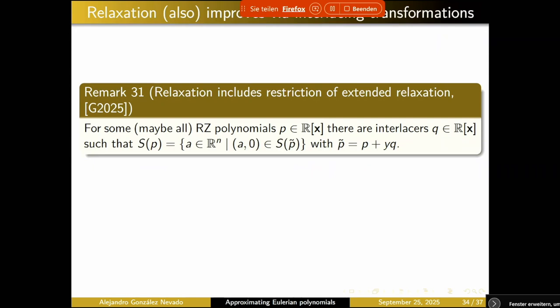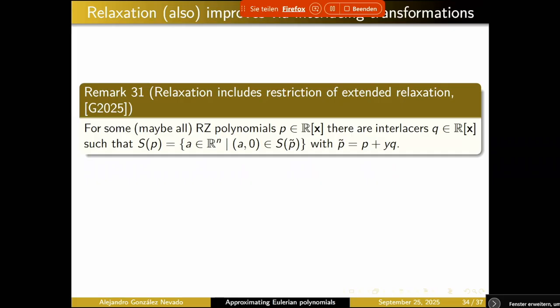And the relaxation not only likes combinatorial information, it also likes analytical information. I say to you that if you add the Renegar derivative, that is an interlacer, the easiest interlacer you can think about, you don't get anything better.